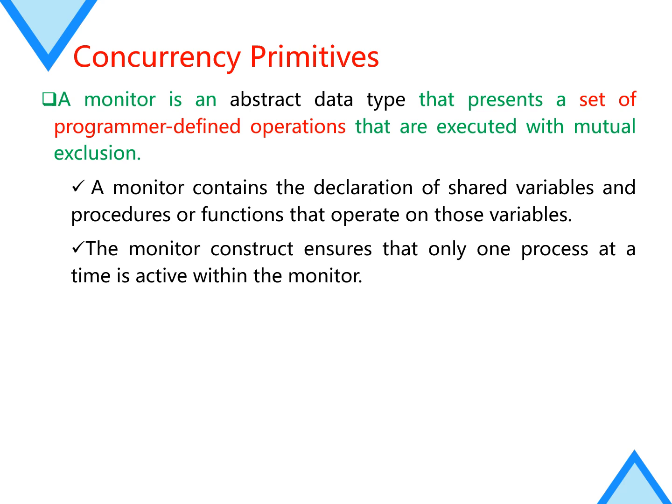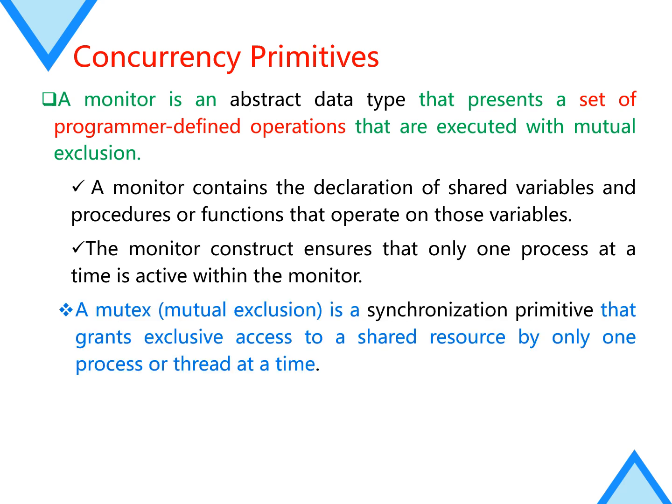The monitor construct ensures that only one process at a time is active within the monitor. Within the scope of the monitor, only one object will be active in the critical region. A mutex, or mutual exclusion, is a synchronization primitive that grants exclusive access to a shared resource by only one process or thread at a time.